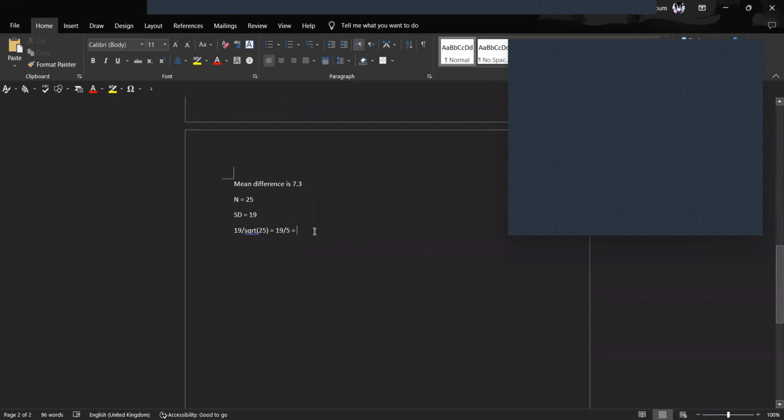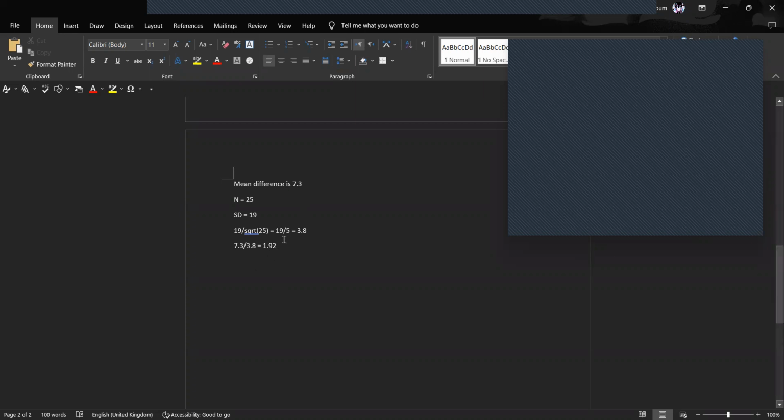And then we end up with 3.8. So we have the mean difference is 7.3, and the standard error of the mean is 3.8. So 7.3 divided by 3.8 is equal to 1.92.